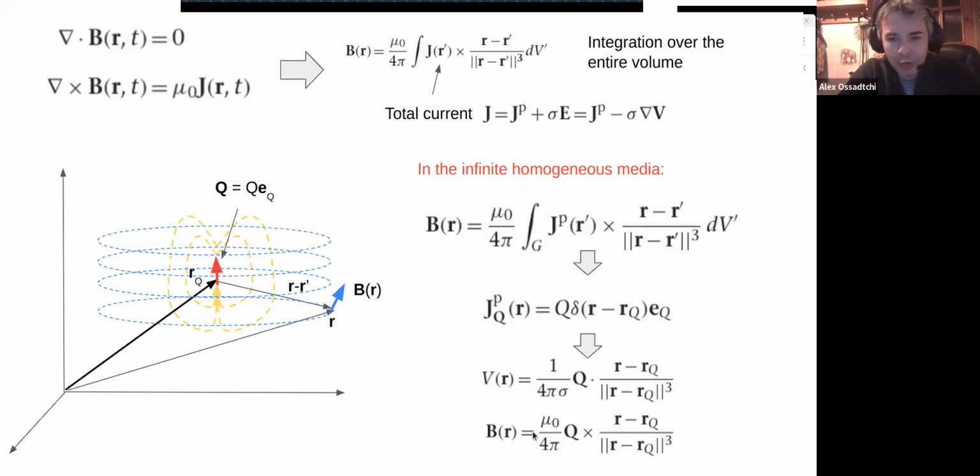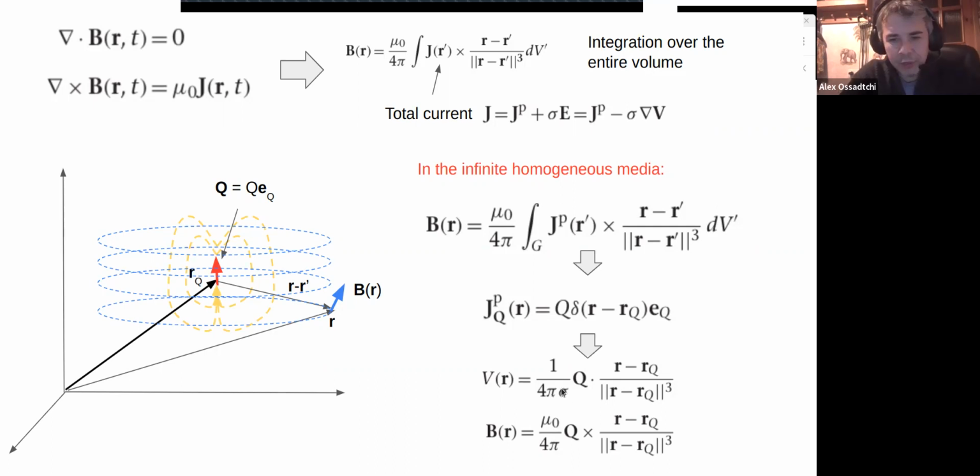It tells you how to compute the magnetic field due to a current dipole, a piece of wire where the current is flowing, located at RQ, and the magnetic field and electric potential as well, a very similar formula, at location R. The electric potential is what we would use for electroencephalography. It's almost the same expression, with just different scaling. Of course, it depends on the conductivity, right?